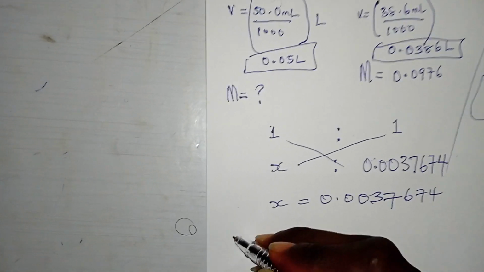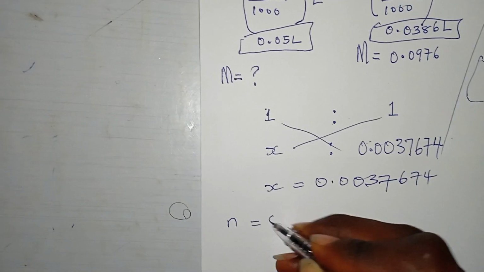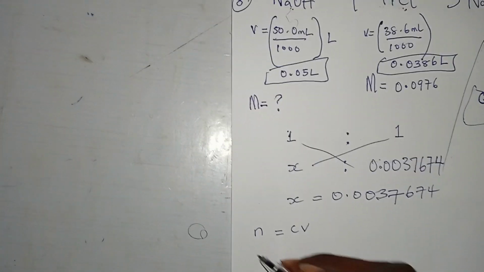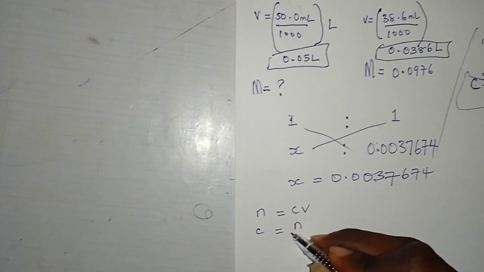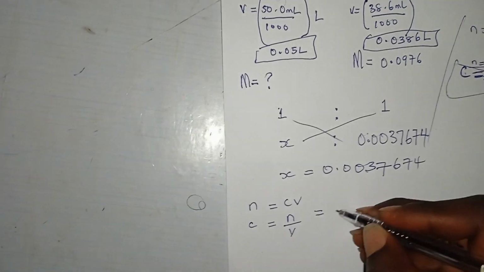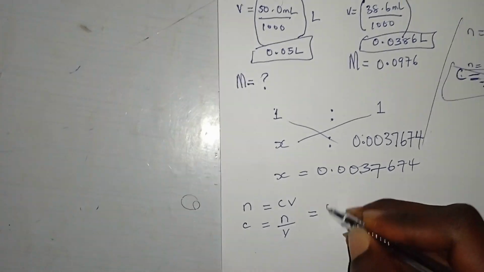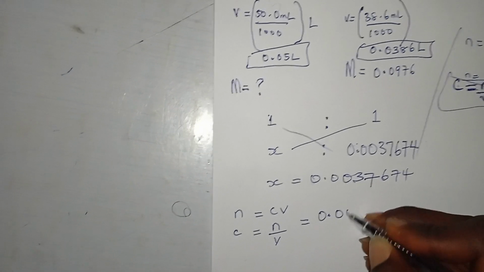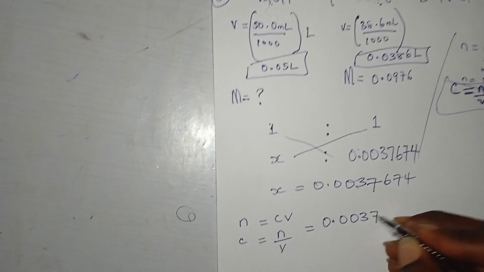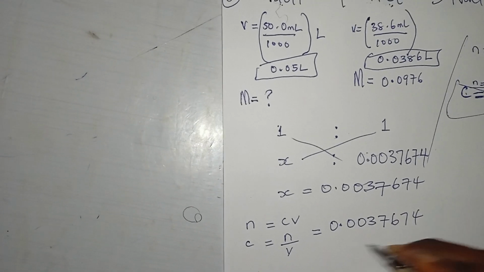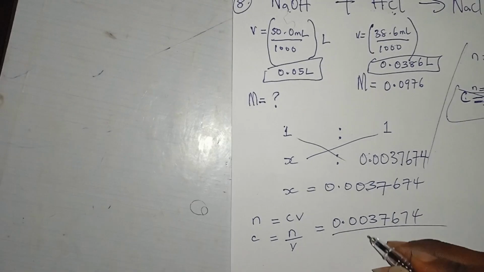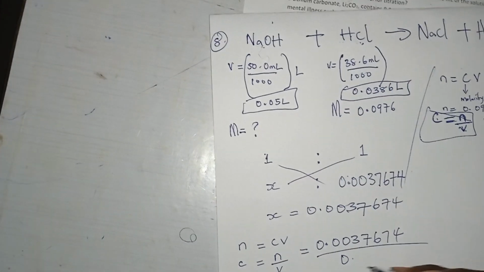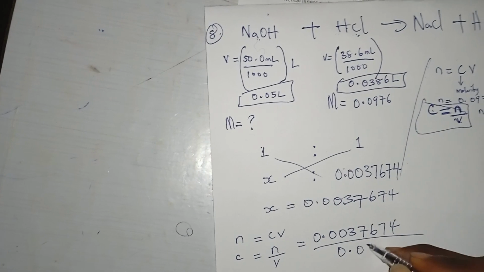Now remember that mole is equal to CV, but I don't know the concentration of this sodium hydroxide. So concentration is equal to mole over volume. The mole here is 0.0037674 divided by the volume given to us, which is 0.05.